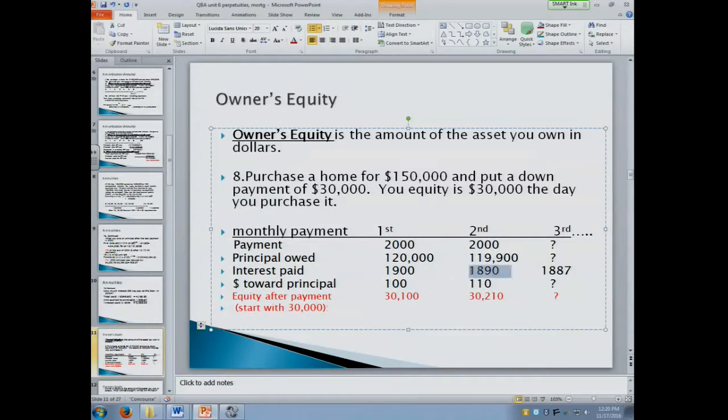So therefore your interest is going to be a little bit less. So of the $2,000, $1,890 is interest, and if you subtract those two numbers, the difference is what you put towards the principal. So this principal is added on to $30,100. So now our equity is $30,210.